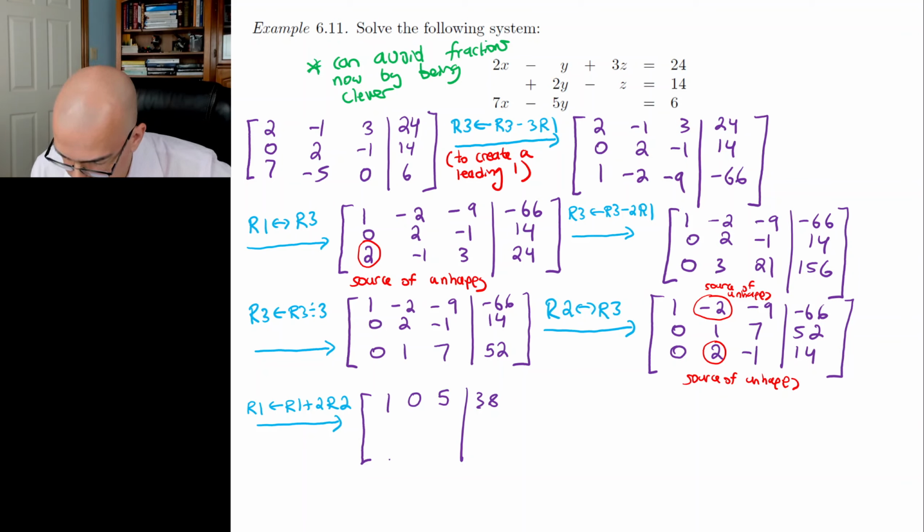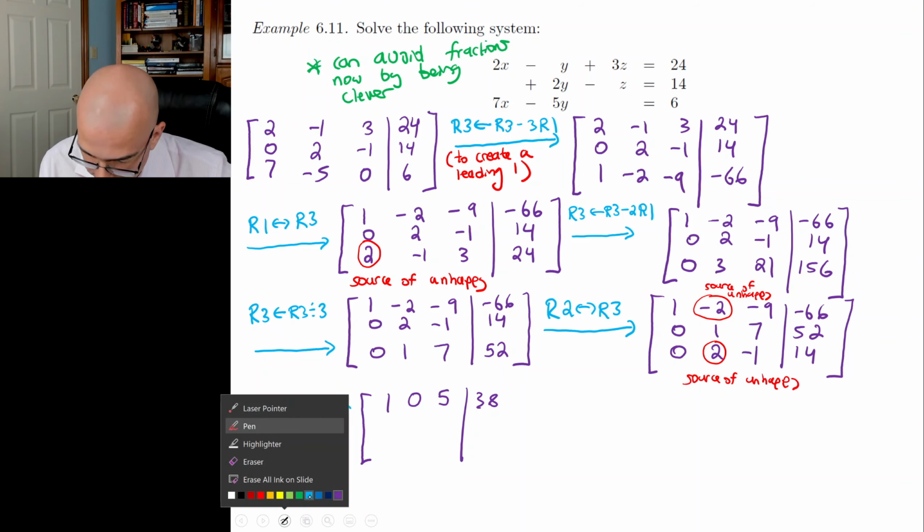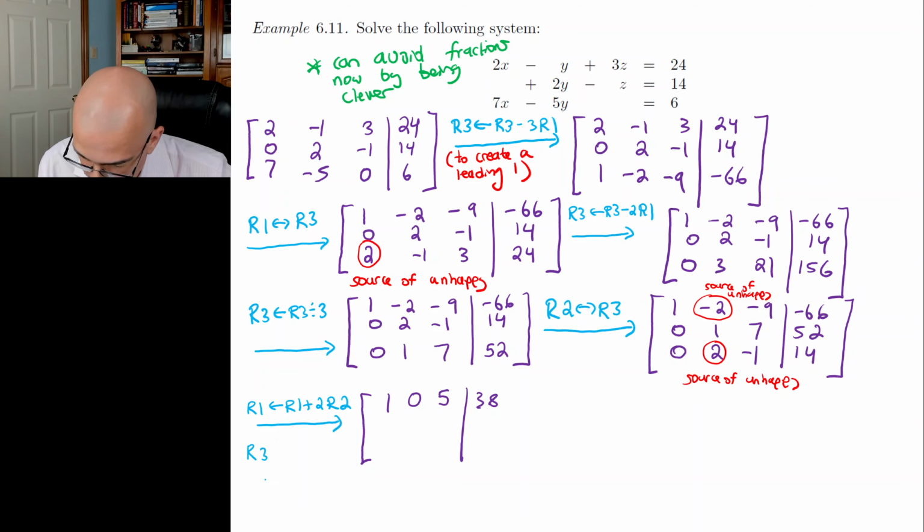And then I also have to replace row 3. Row 3 gets replaced by row 3 minus 2 row 2.